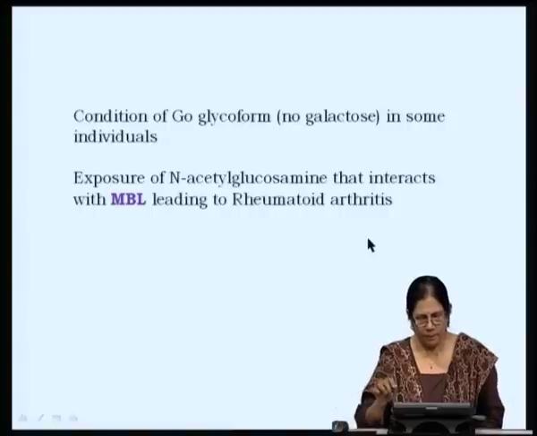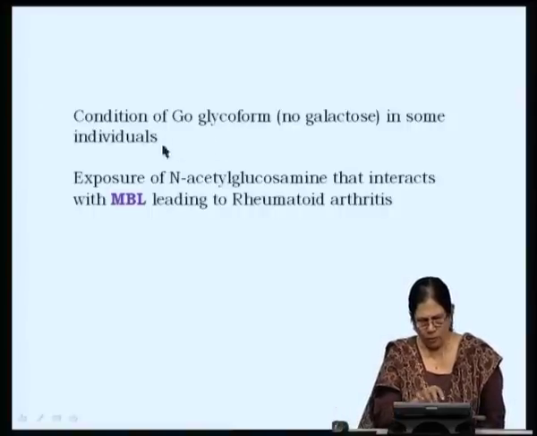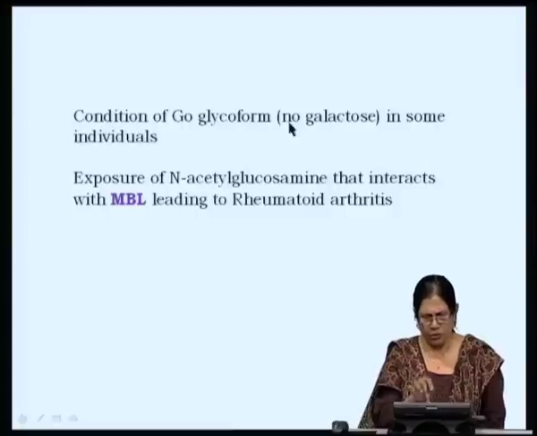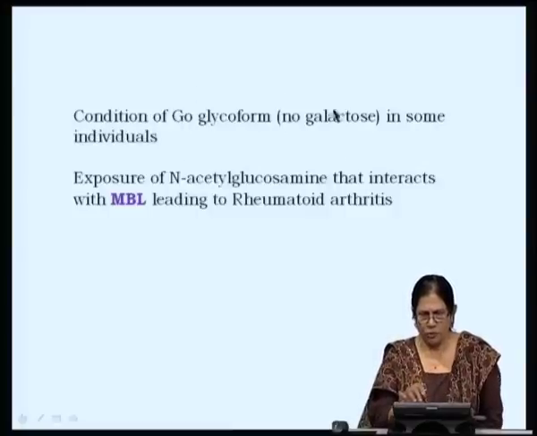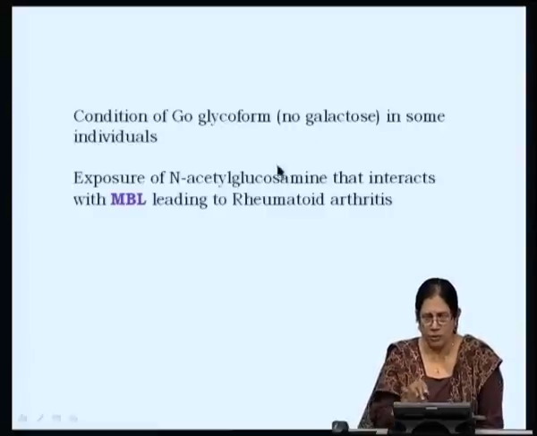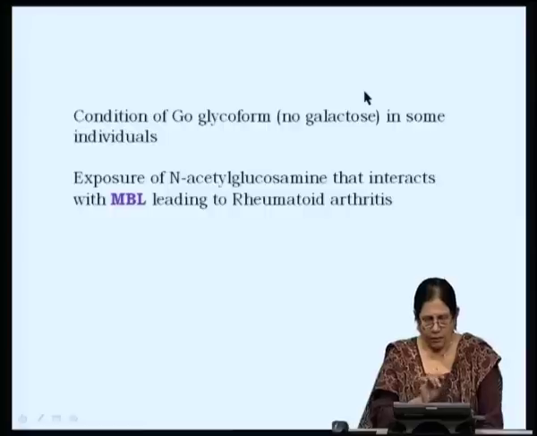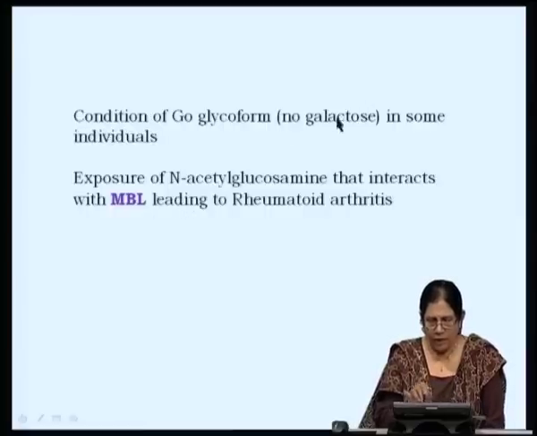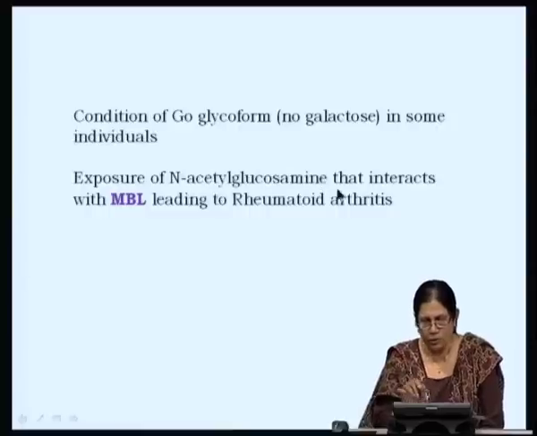Now, let us see how that happens. There are people who have the condition of G0 glycoform, that is, they do not have those enzymes which transfer terminal galactose. Therefore, in the absence of galactose, there is exposure of N-acetyl glucosamine.